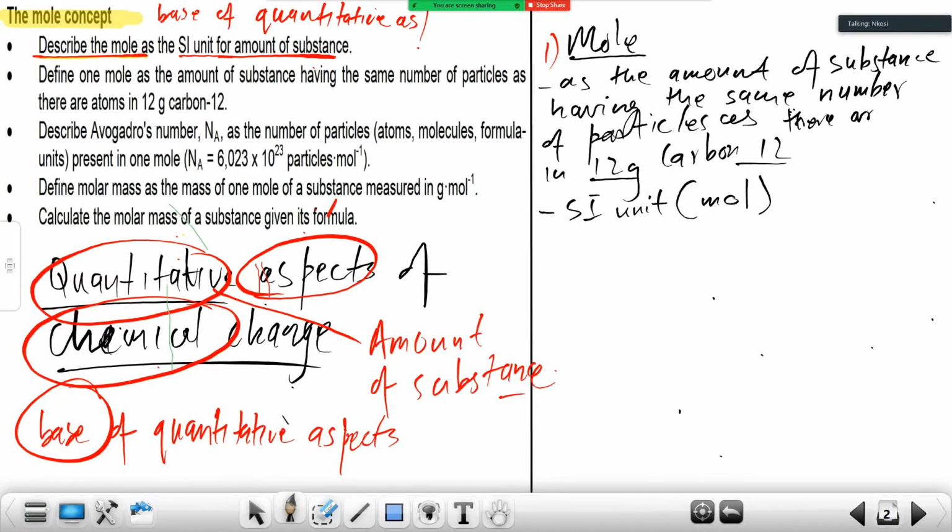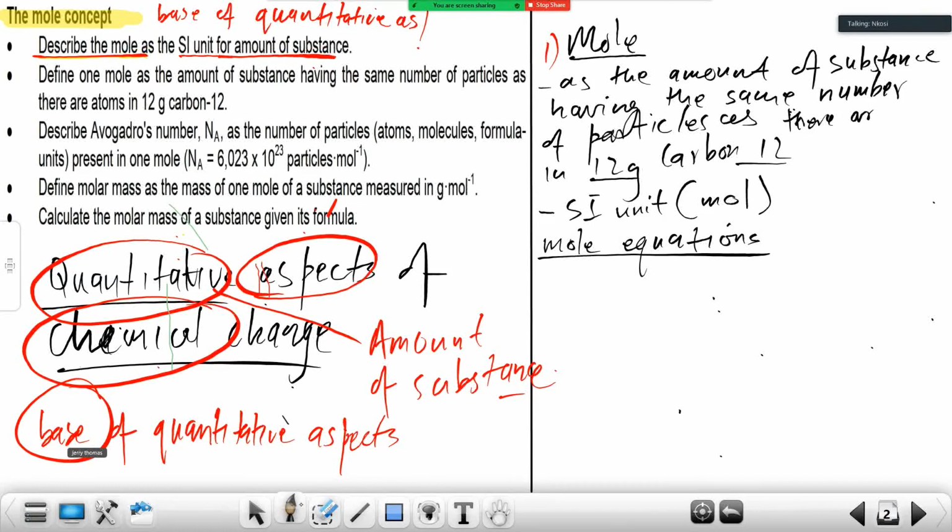So the question should be, if the SI unit is mole, what is it that I can relate with this mole? There are different equations that each and every one of us needs to know. The first equations, let's write here: mole equations.